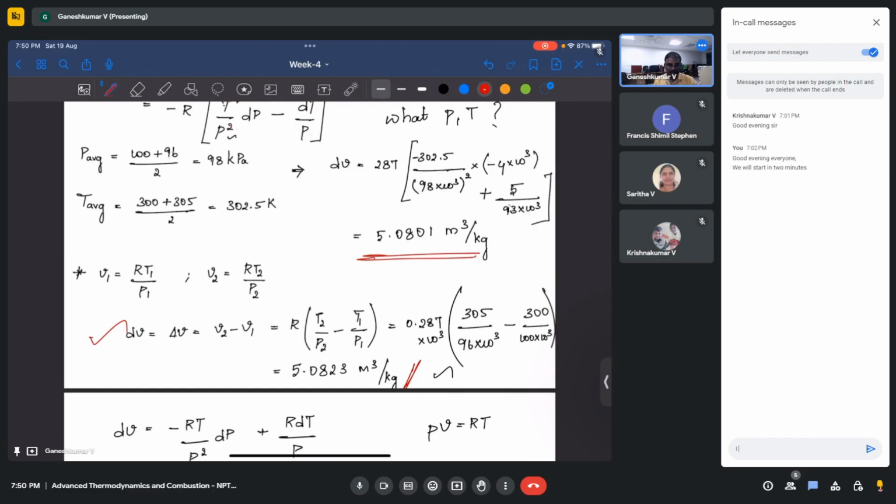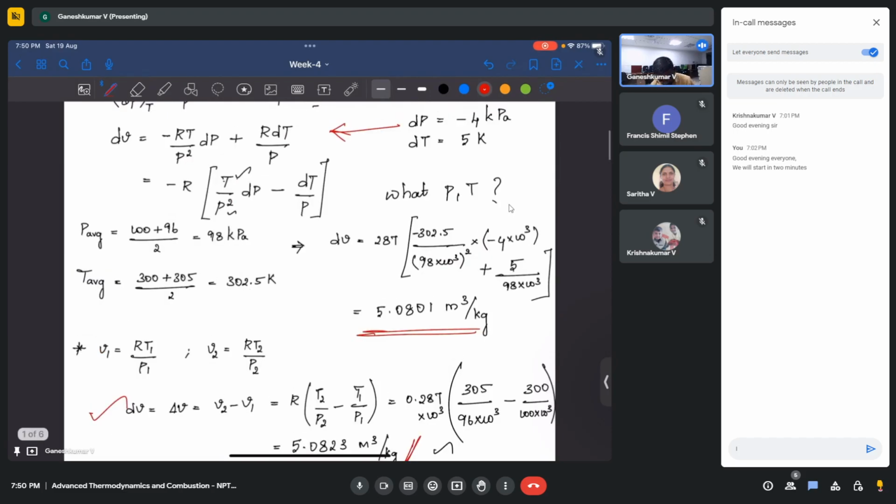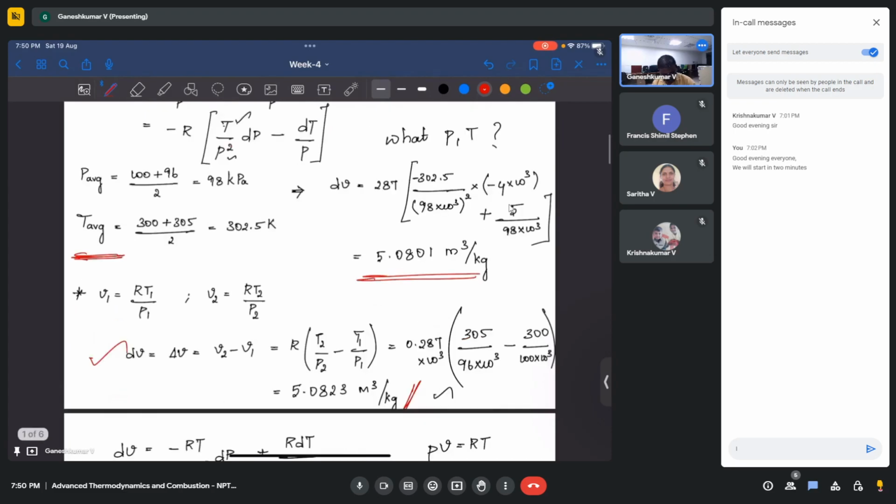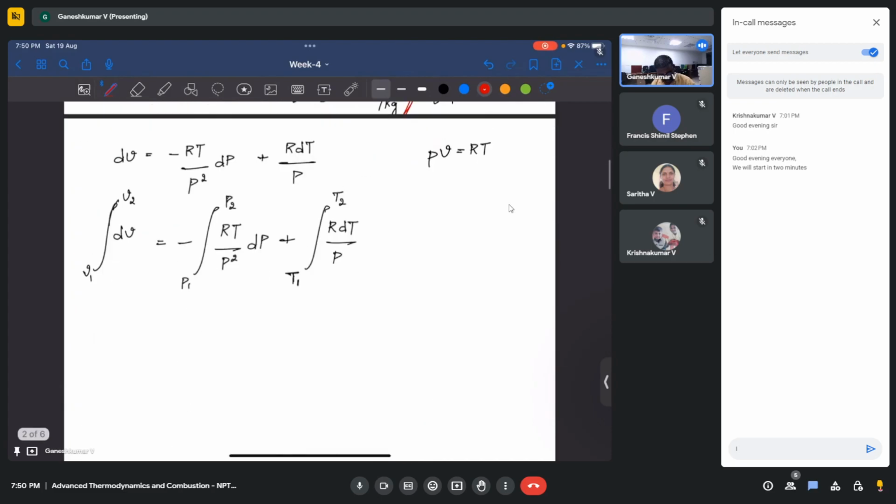So if you look at it, there is a difference between these two. The reason is we did this approximation. This is a continuous function, so you need to do an integration. Now if you follow this approach, let's say you do the integration. Here p has to be substituted because p is a function of v, R and T, right? So you need to write p to be RT by v.